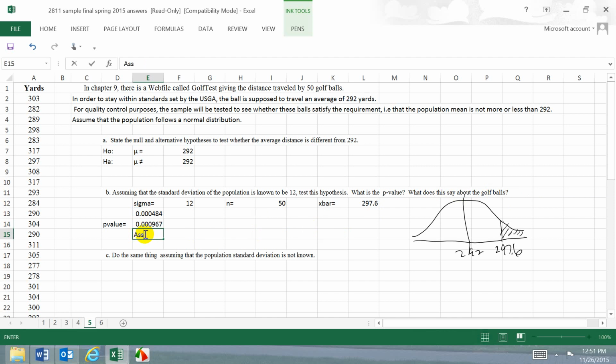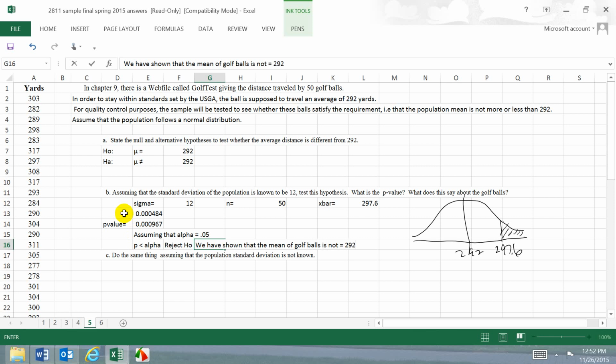So assuming that alpha is 0.05, we have p is less than alpha, and therefore reject H0, and therefore we have shown that the mean of the golf balls is not equal to 292.